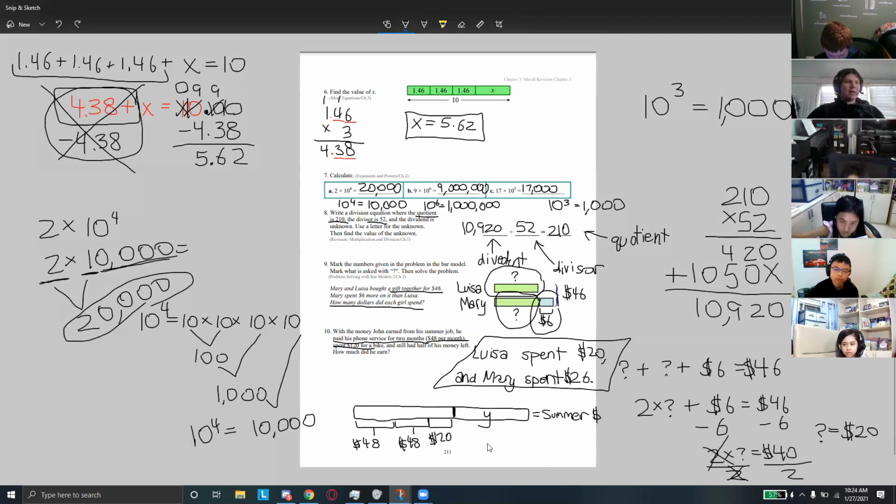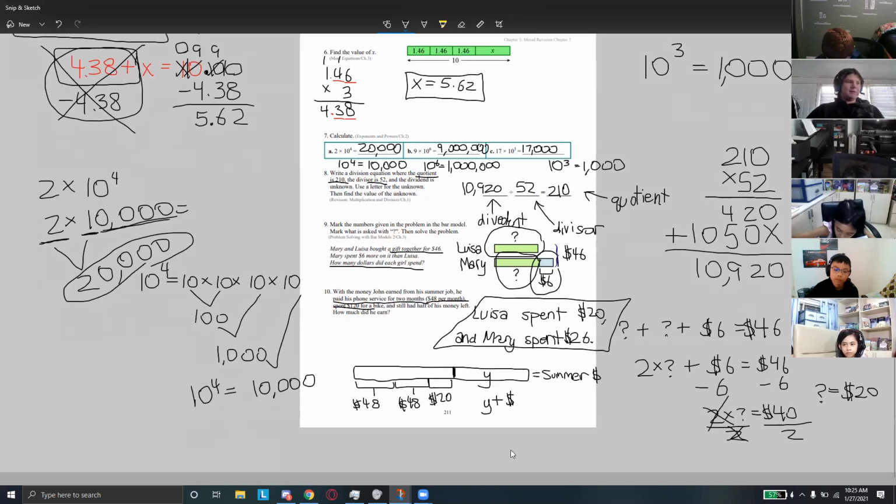So I'm going to write Y plus $48 plus $48 plus $120 is equal to total summer money.